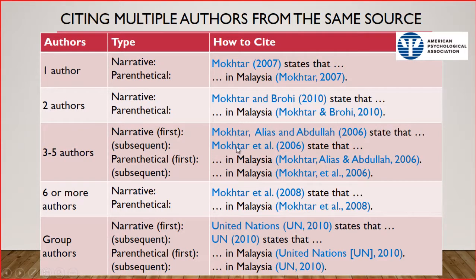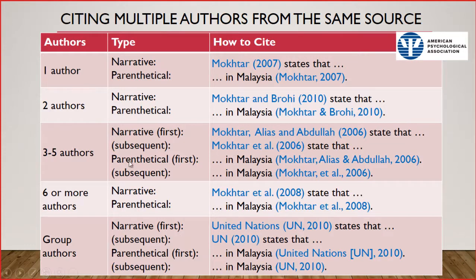You use Mohtar, take the first author, et al. Et al is Latin and means 'and others'. So Mohtar et al means Mohtar and others, the others being Alias, Abdullah, and so on. So for the second time and above, in the same article, you do not repeat this, just Mohtar et al.